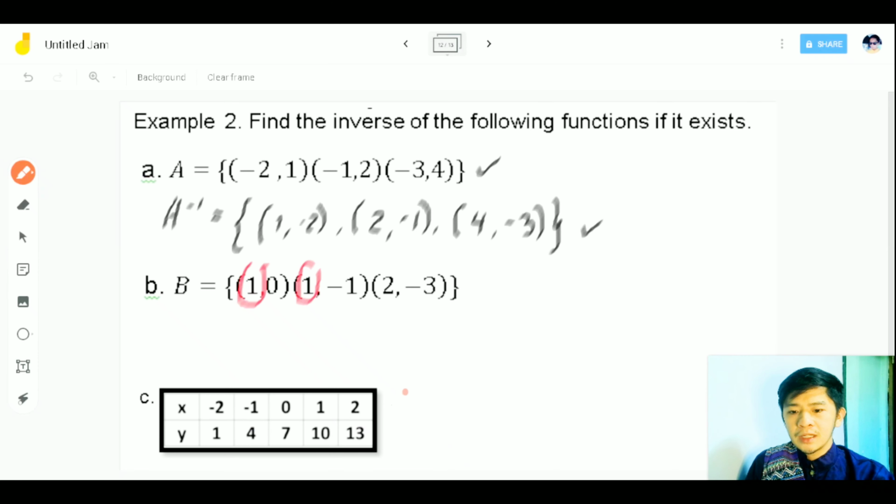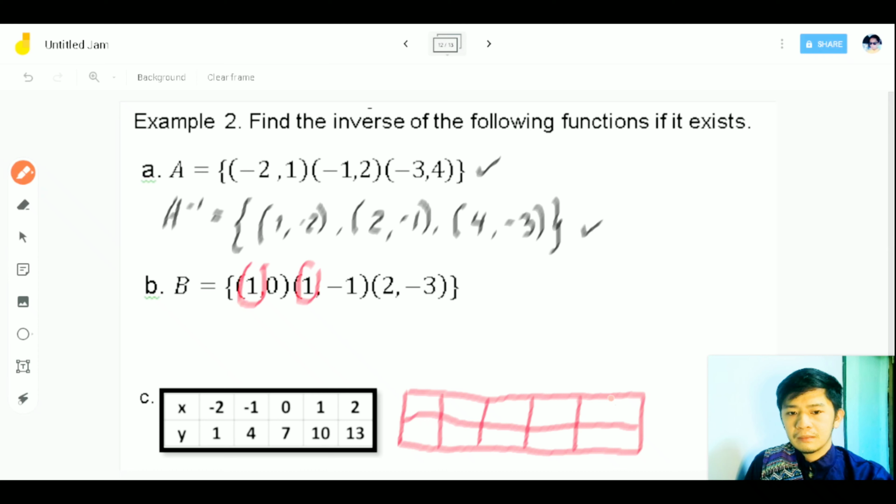So to find the inverse, let's just draw the table of values first. So this is your x and this is your y. So we will just interchange all of the x and y.